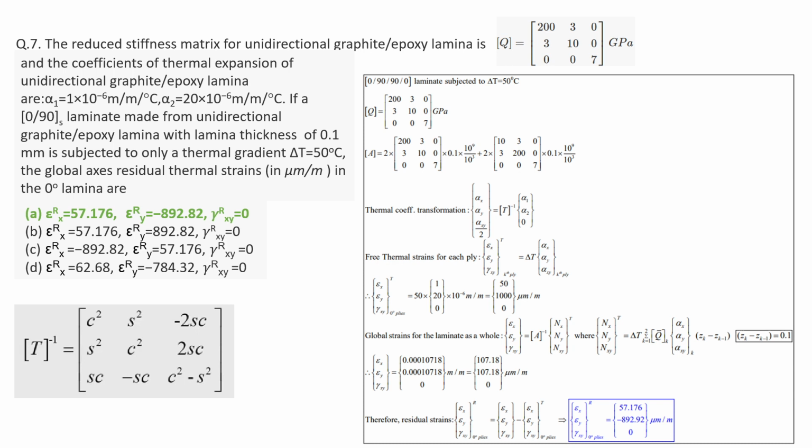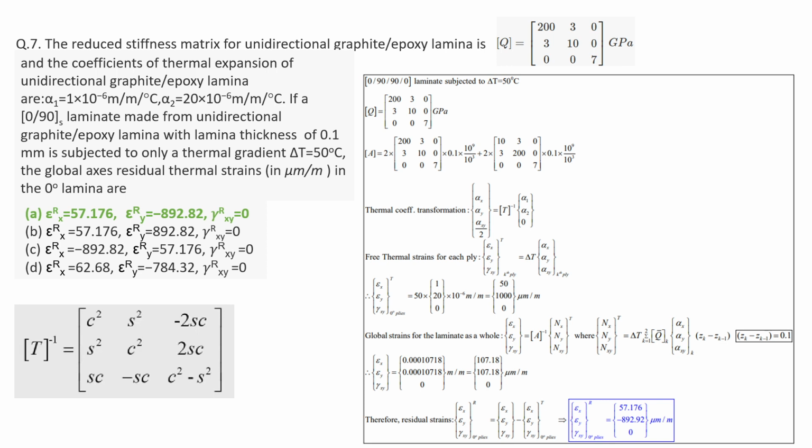Ma'am, why are we multiplying by 2 here in the matrix? Because the laminate is 0/90 symmetric. Whenever there is an S under this bracket, it means there is a double of it.